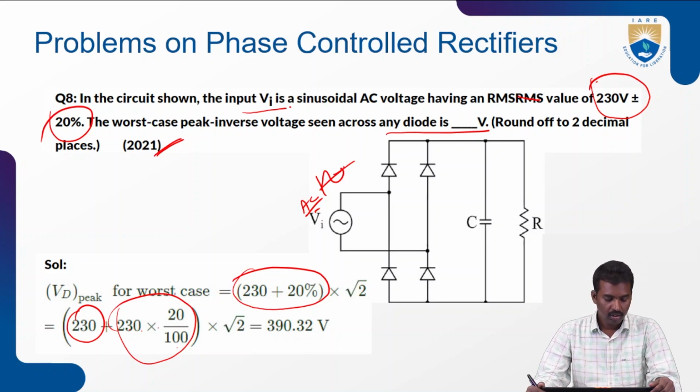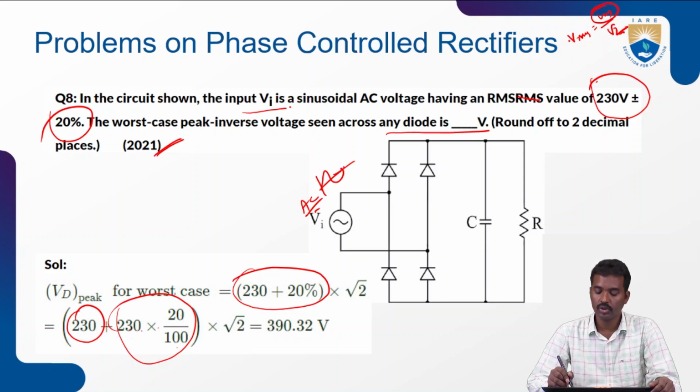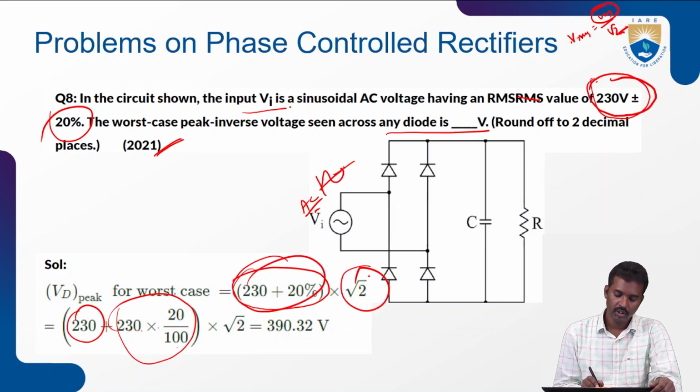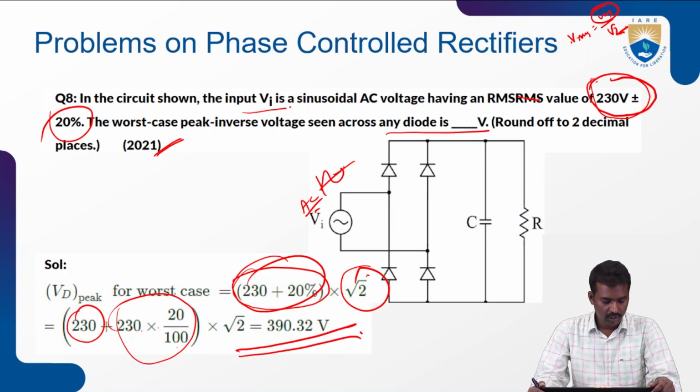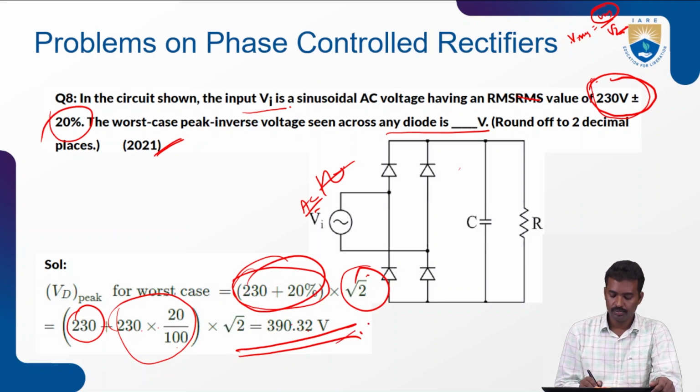Now the peak value: Vrms equals maximum value by root 2, so the maximum peak value equals root 2 into the RMS value. The RMS value is given, so it is the RMS value into root 2. So now the peak value of the voltage across this diode is 390.32 volts.